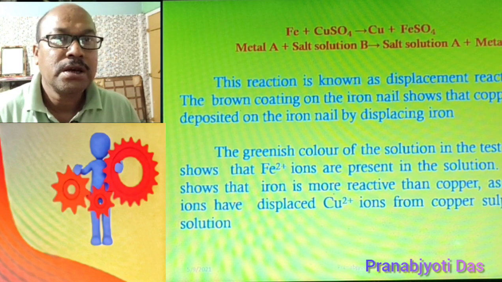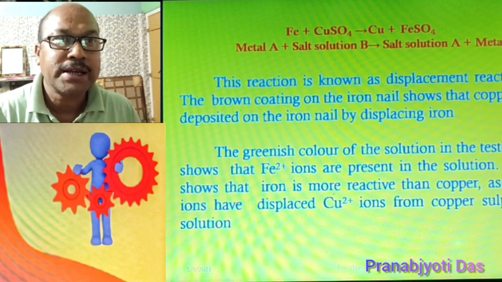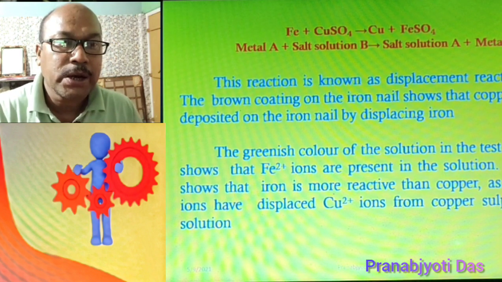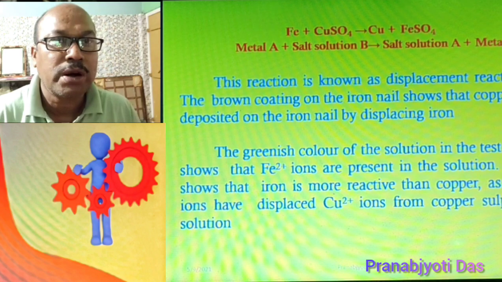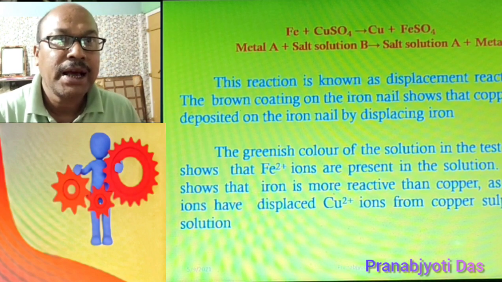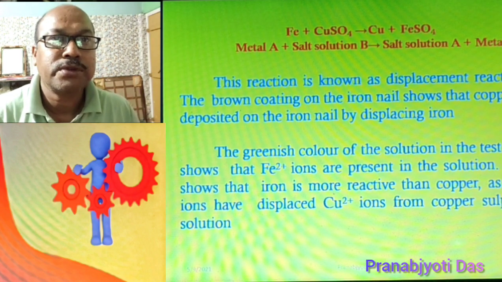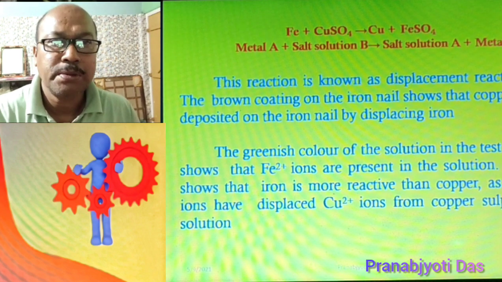The reason is, before the reaction started, you put a nail there, but after the reaction, what has happened? As a result of displacement, copper is produced, and that copper metal produced in the solution gets deposited on the iron metal, and as a result, the color of the iron nail has turned brown.